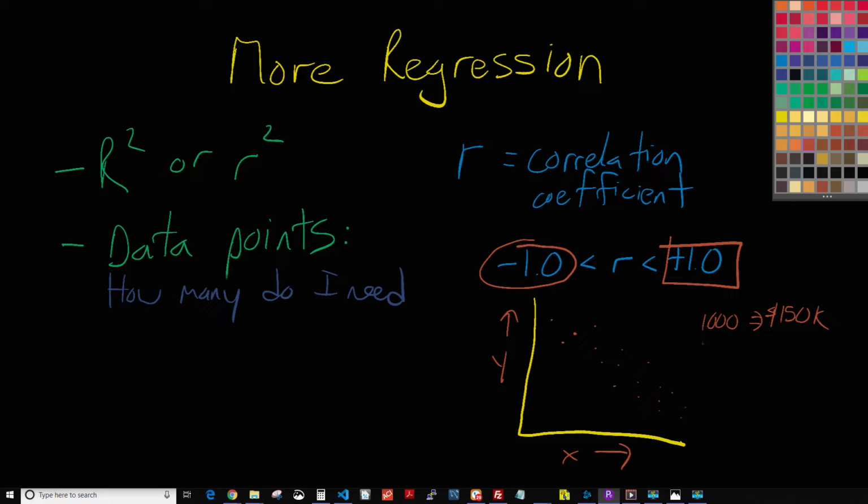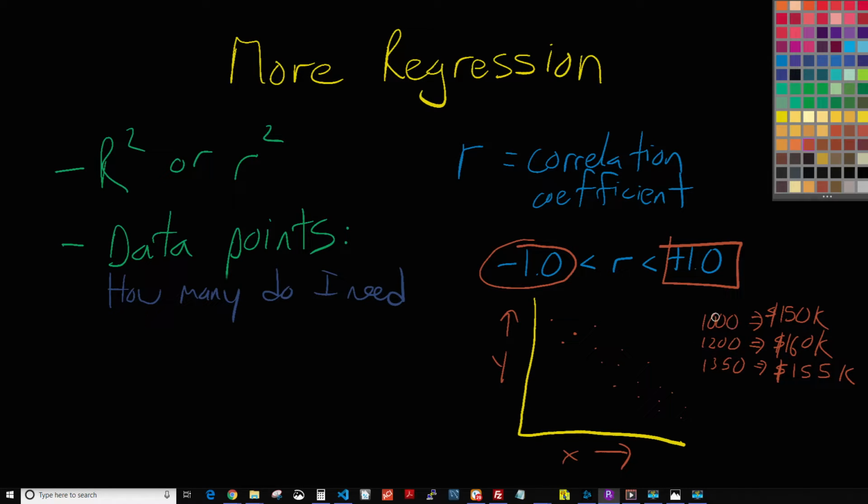Then you might have a house with 1,200 square feet and it sells for 160,000. But then you have a house that's 1,350 square feet and it sells for 155. So in this case, we went up in GLA, but the price went down, and that could be for various reasons you can think of.